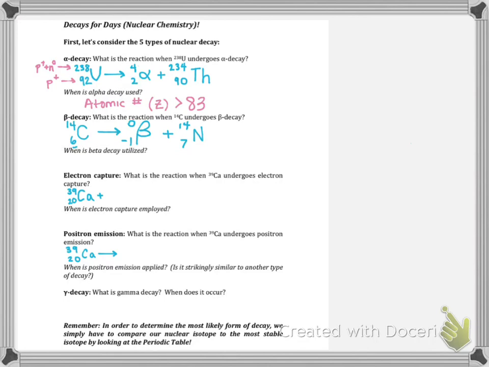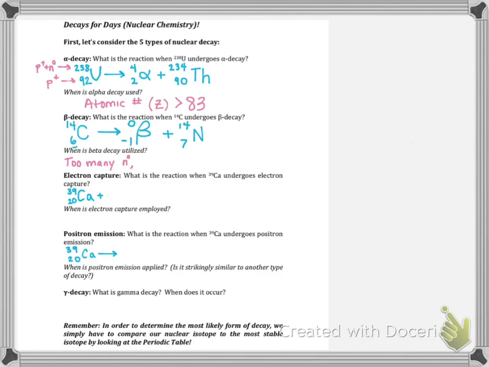So how do we know if something's going to undergo beta decay? In beta decay, this happens if we have too many neutrons. We want to convert one into a proton and keep our mass the same.